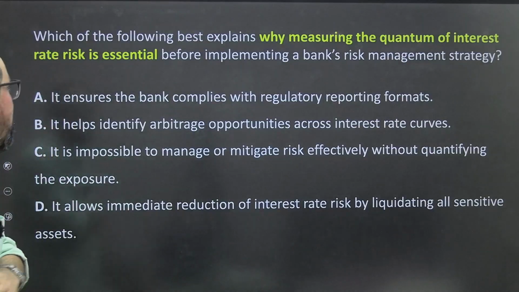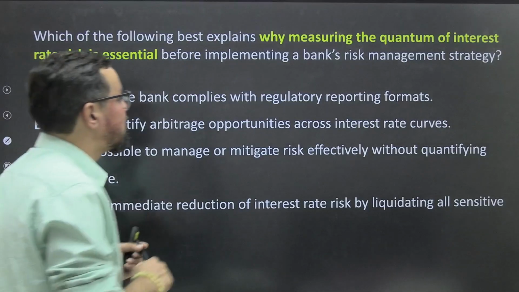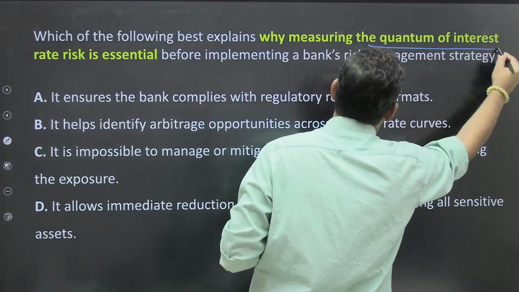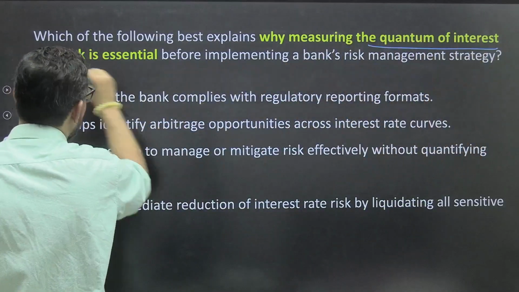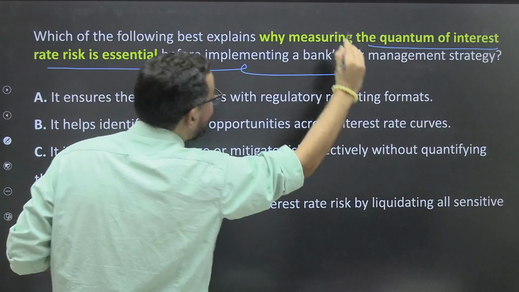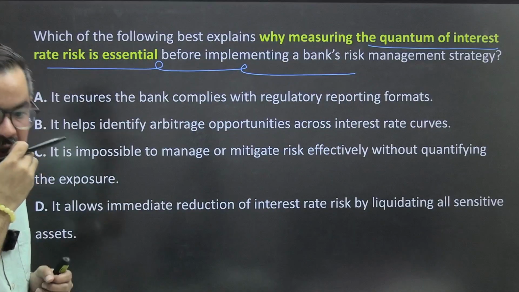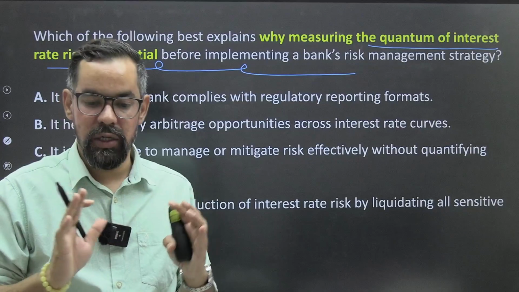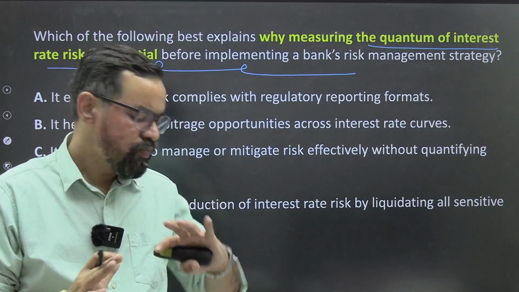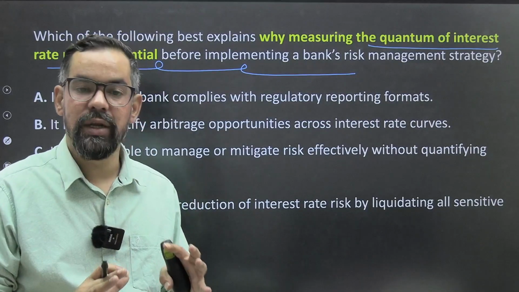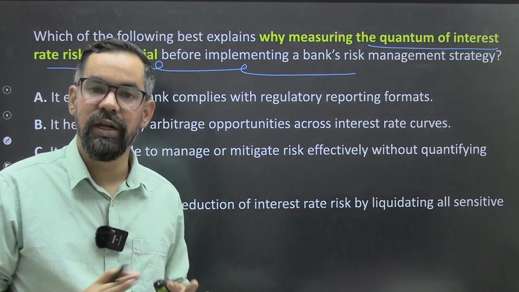चलो आगे बढ़ते हैं. Which of the following best explain why measuring the quantum of interest rate risk is essential before implementing a bank risk management strategy. So now so far we have discussed things which are related to आपका interest rate risk factors or different types of interest rate risk and all, ठीक है.